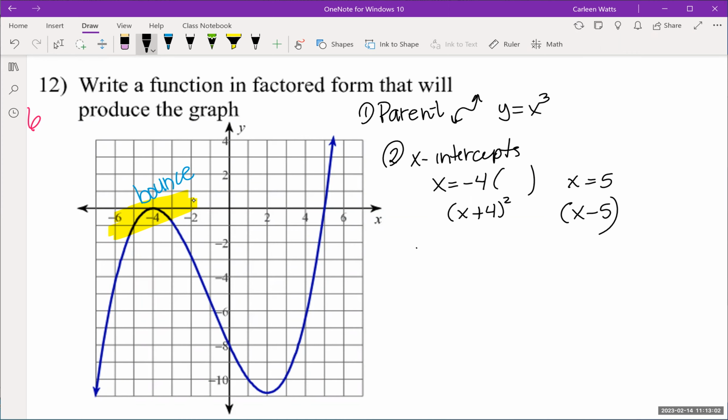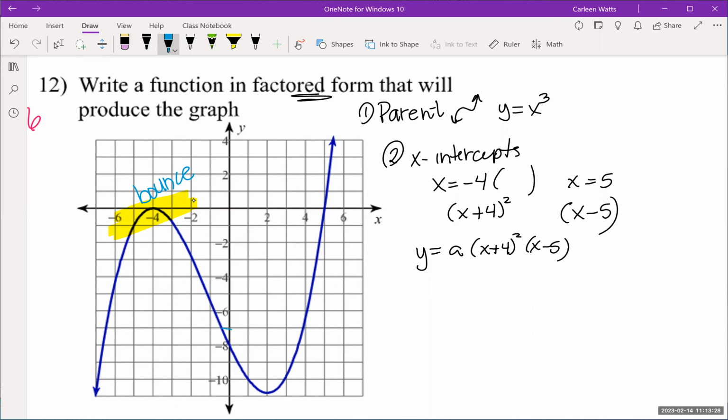So here we go. Y equals a times x plus 4 squared times x minus 5. So -4 is a bounce. +5 is a regular zero.